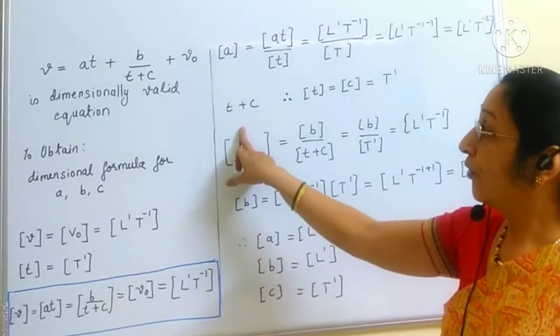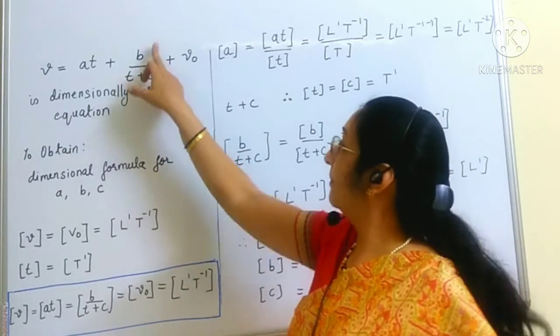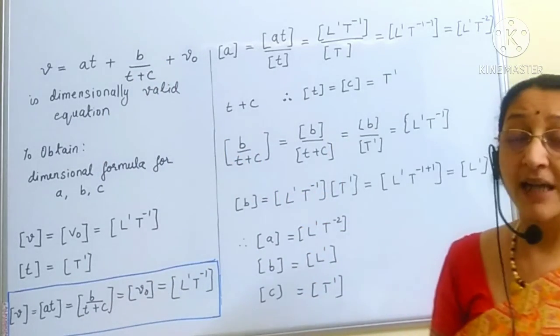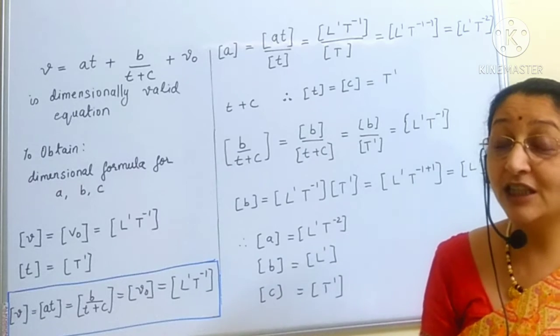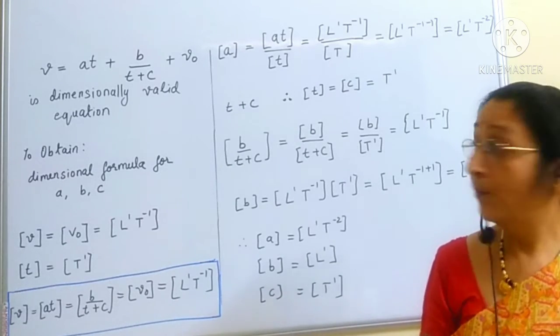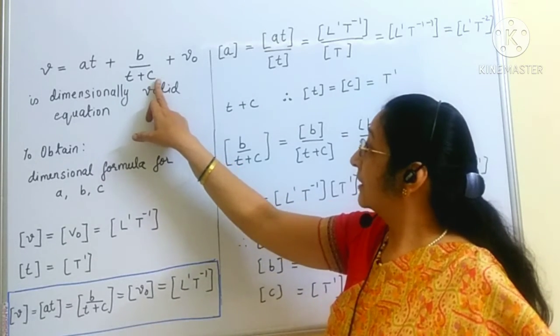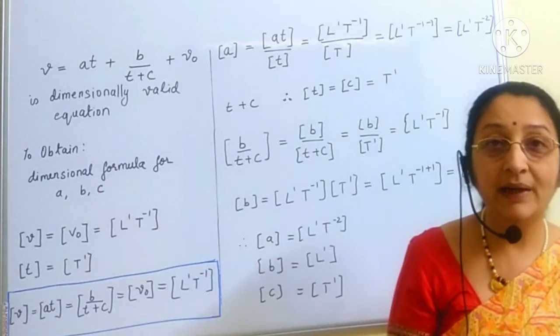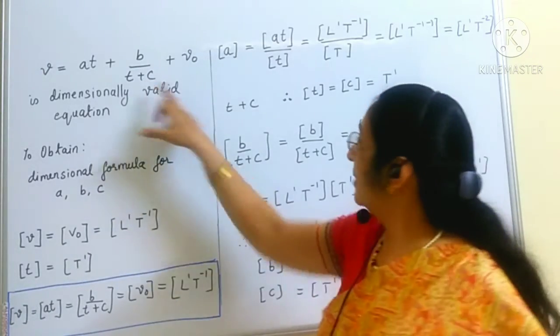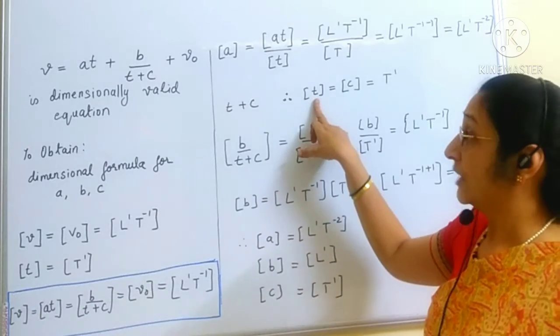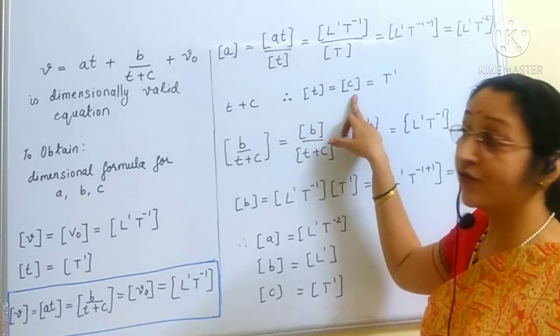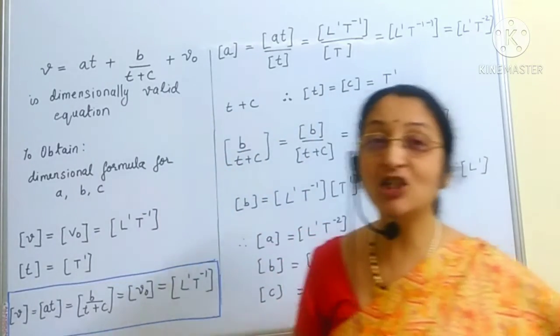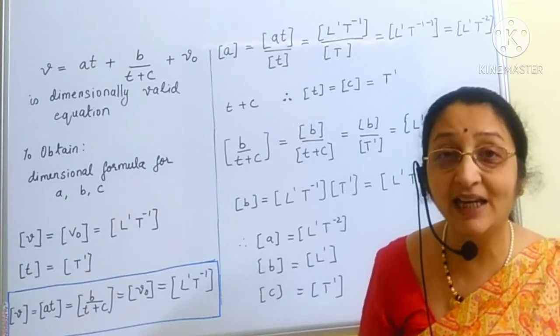Now, we go for the next term, that is B upon T plus C. In the denominator, we have T plus C. Both these terms are in the denominator. Hence, the dimension of T should be equal to the dimension of C because this equation is dimensionally valid.